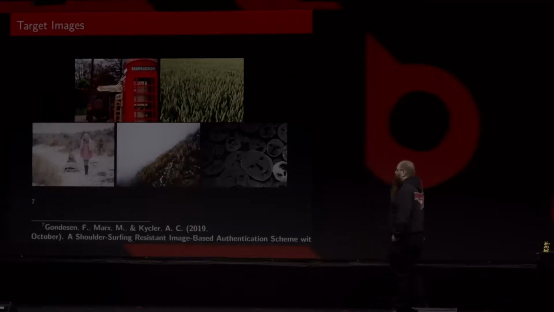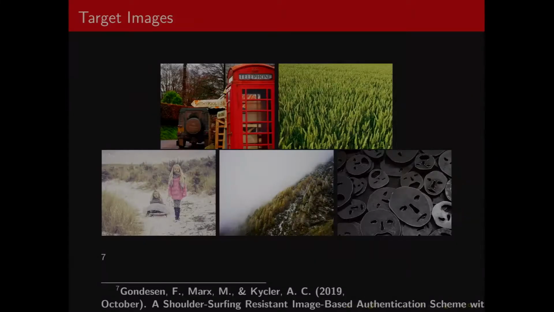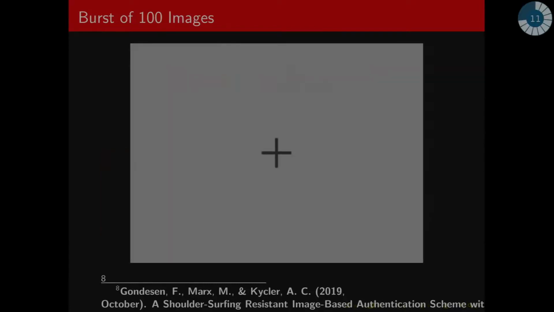So this is the example that is actually a set that we use for the experiments. 5 very different photos. So now I'm doing a small experiment with you. Try to remember those photos and try to see them and count them in this video stream.